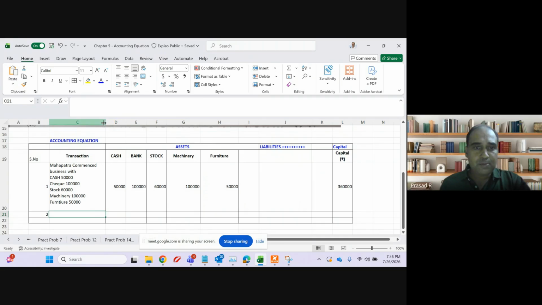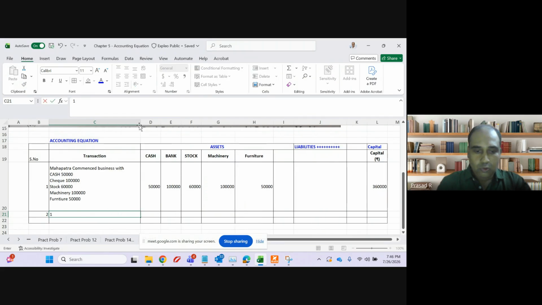Next adjustment is the most important. 1/3 of the above goods sold at a profit of 10% on cost, and half the payment is received in cash.